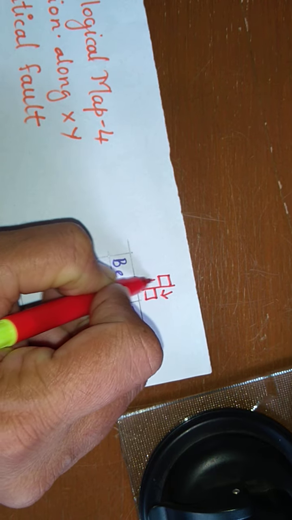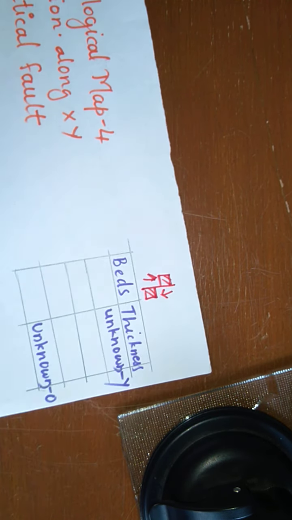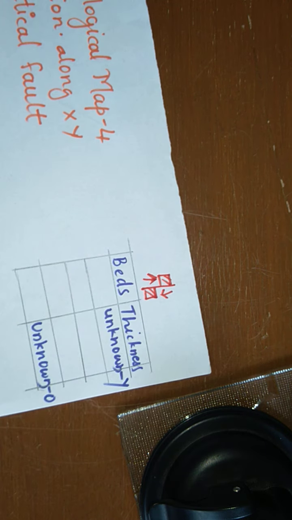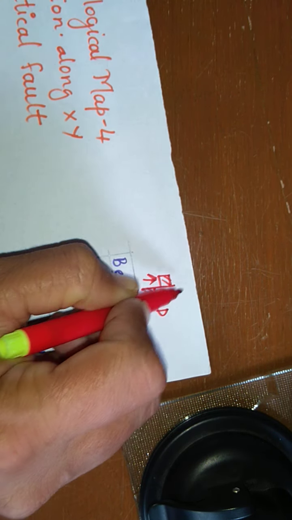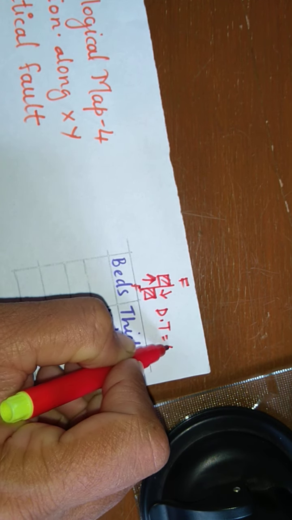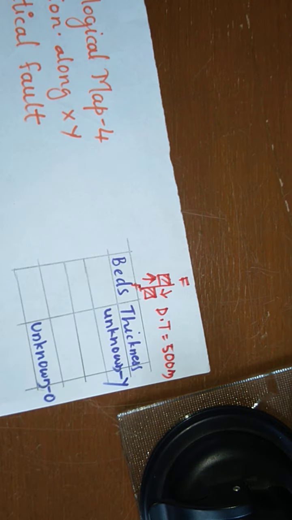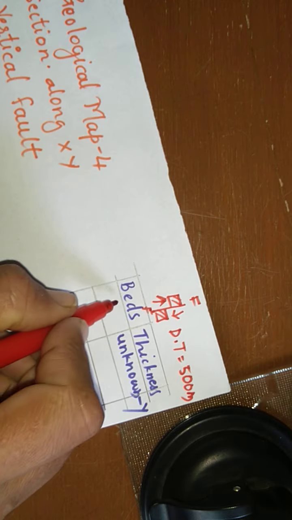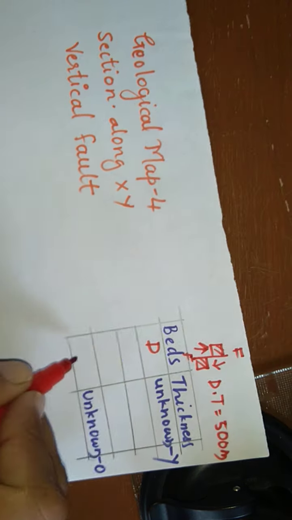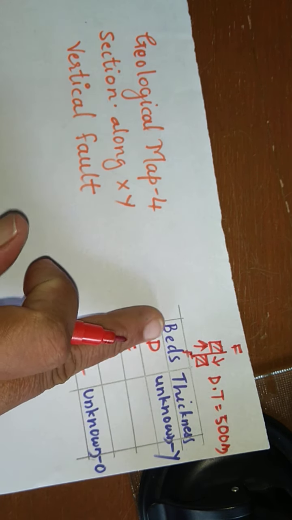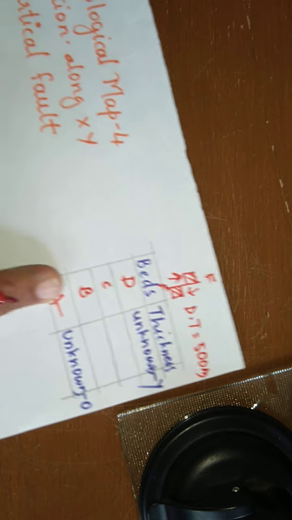So we will first draw the same small diagram. This shows this block has gone down and this block has gone up. So this is the fault, and the down throw is 500 meters. Then we will write the beds. Here the younger bed is D, at the top, and the older beds are C, B and A. So D is younger and A is the older bed.